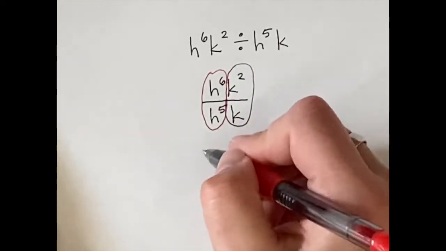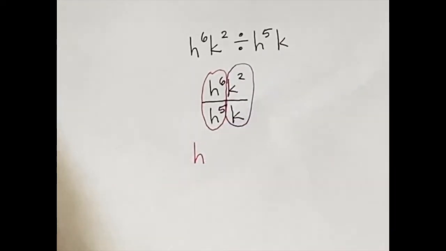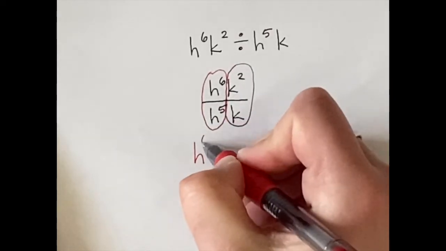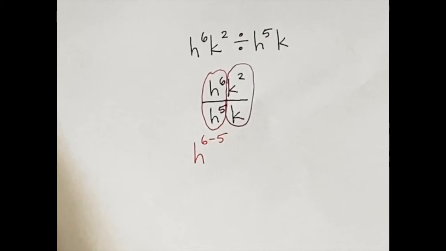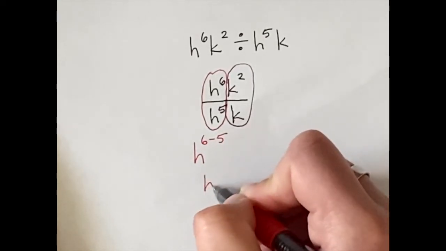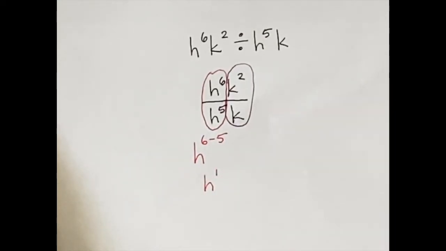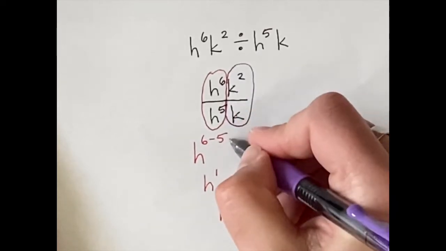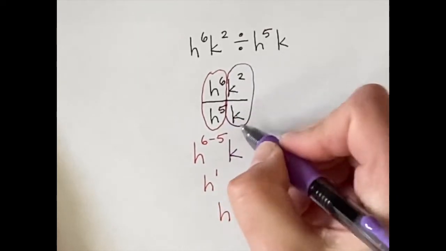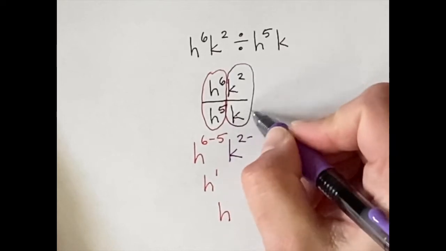So here, this means that this would be the base of h with the exponent of 6 minus 5. Well, I know 6 minus 5 is 1, so it'd be h to the 1st power, or just h.